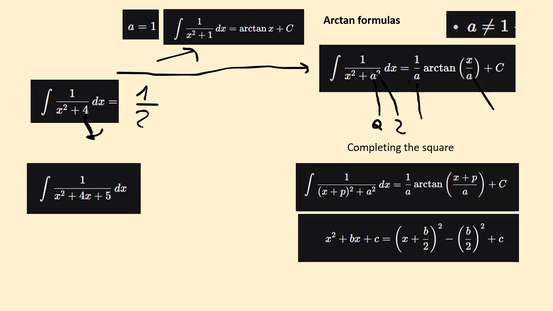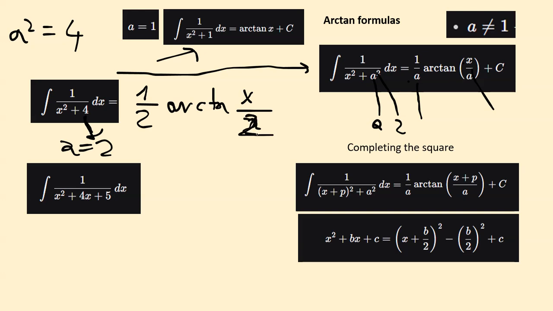So it will be 1 over 2, because a equals 2. A doesn't equal 4, because it's a squared. We can see that a squared equals 4. That's why a equals 2. Then, using this formula, we write 1 over a, which is 2, a half arctan x over 2. And this is the solution.